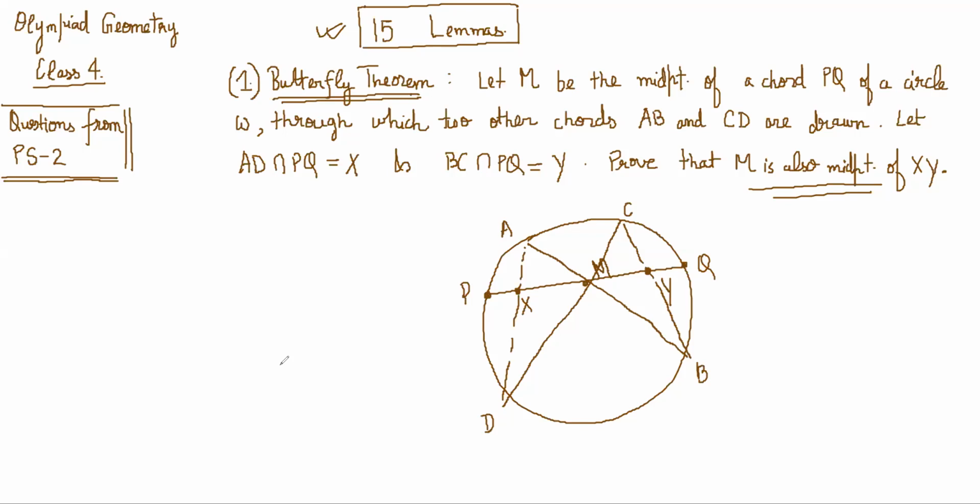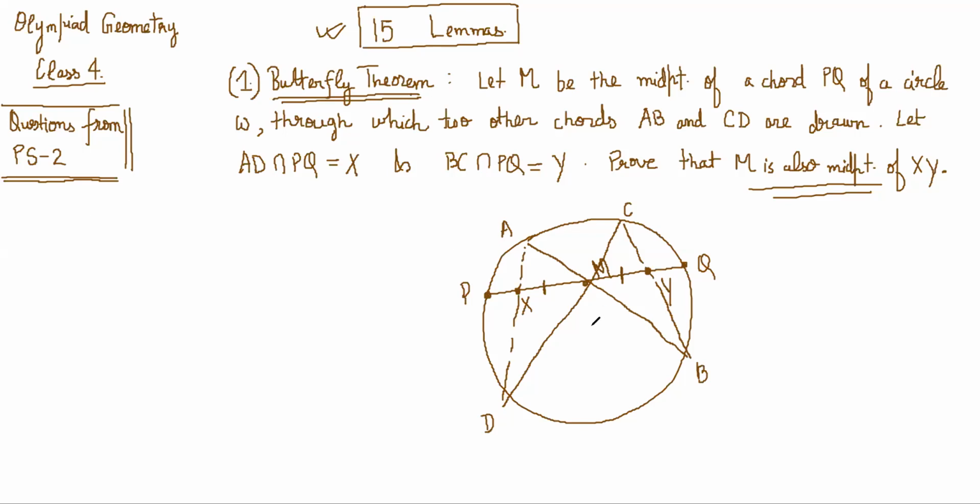Every question you guys will try for a bit, and then we'll discuss what ideas are coming, and we'll figure it out. So to prove that M is a midpoint, what do we need to prove? We need to prove that this distance is equal to this distance, no? Yes. Okay. So one thing that everyone should do is maybe make a center for the circle.